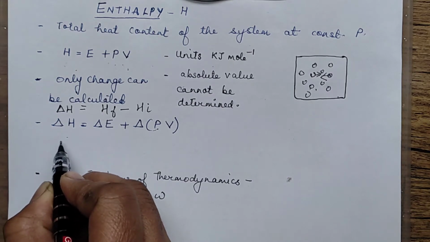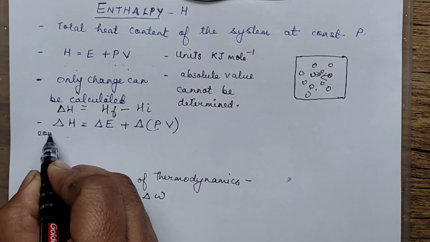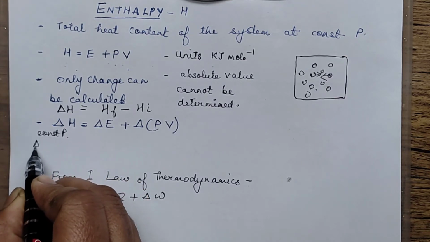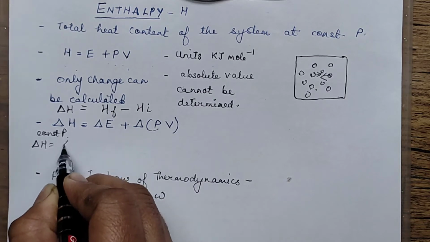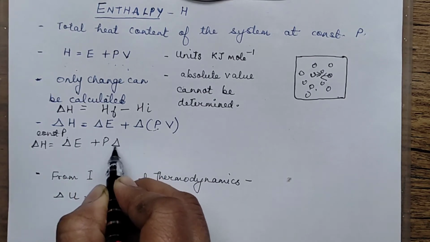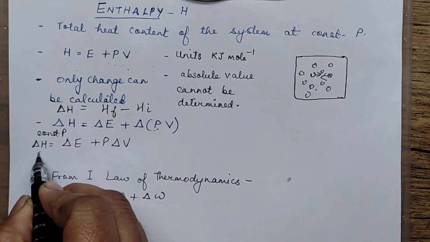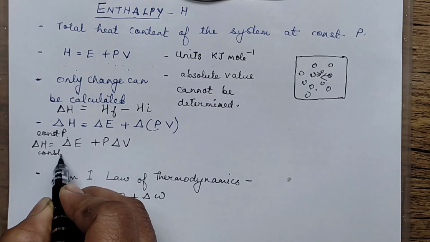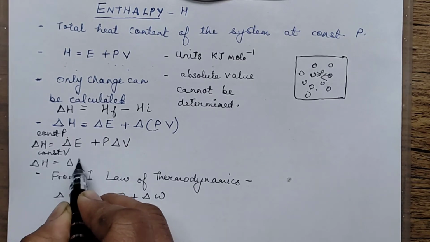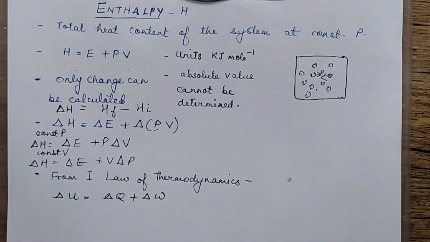At constant pressure the formula becomes delta H is equal to delta E plus P delta V. In this case, the pressure is kept constant and the volume is changing. At constant volume, it becomes delta H is equal to delta E plus V delta P.